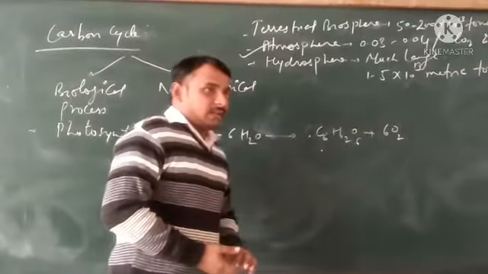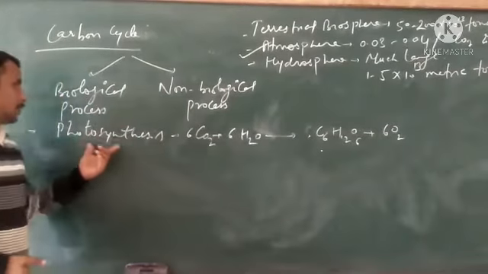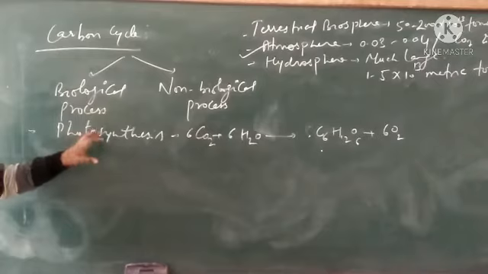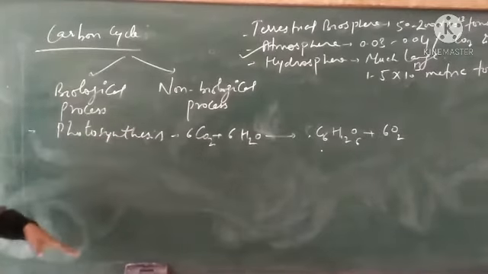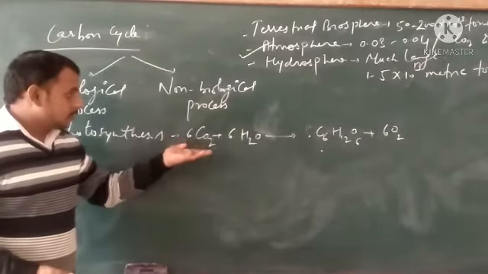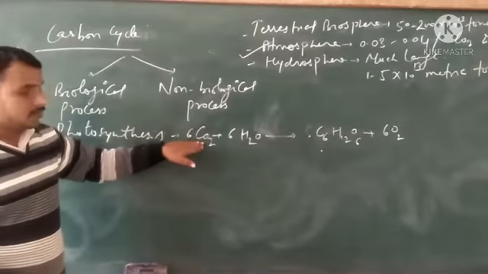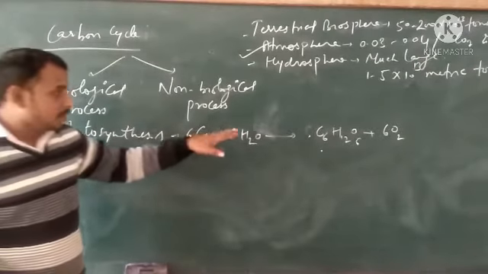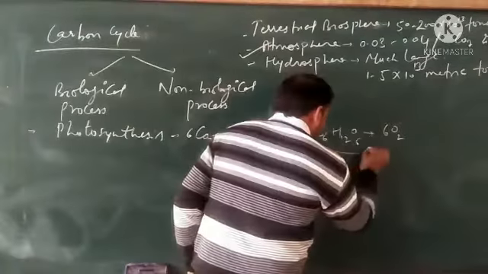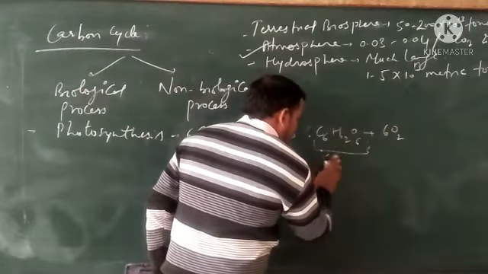So this is the fixation of CO2 by the biological process of photosynthesis, and the end product is glucose or carbohydrates mainly.